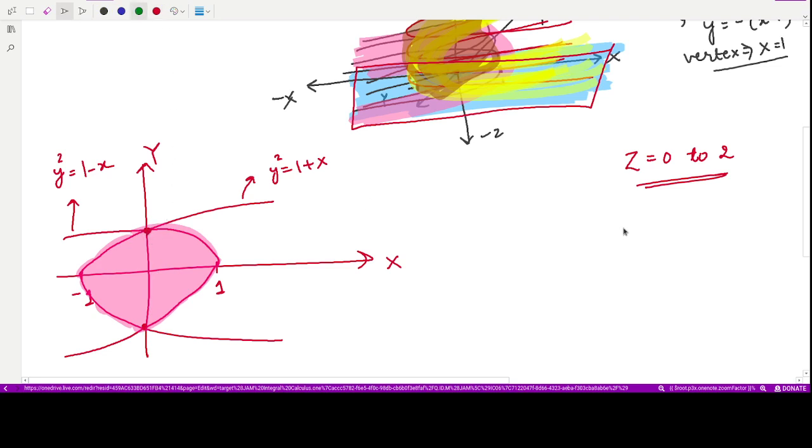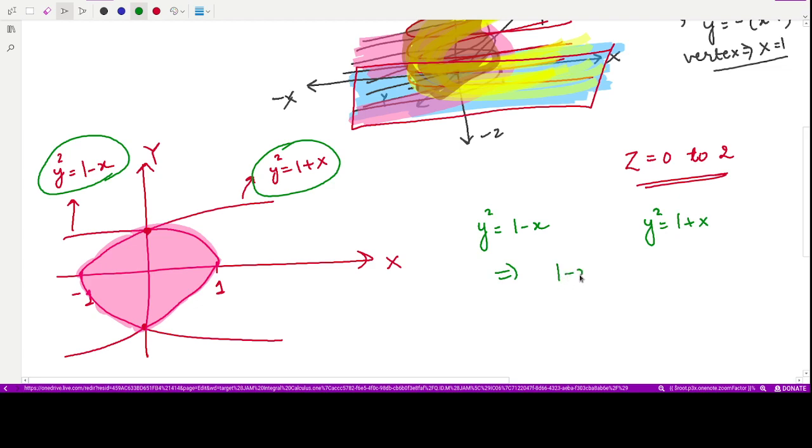If you want to calculate the intersection of these two points, you have to solve these two parabola equations simultaneously. So you have one equation as y square is equal to 1 minus x and another equation as y square is equal to 1 plus x. So that gives you 1 minus x is equal to 1 plus x, or 2x is equal to 0. So you have x is equal to 0. Obviously for x is equal to 0, you have these two points.